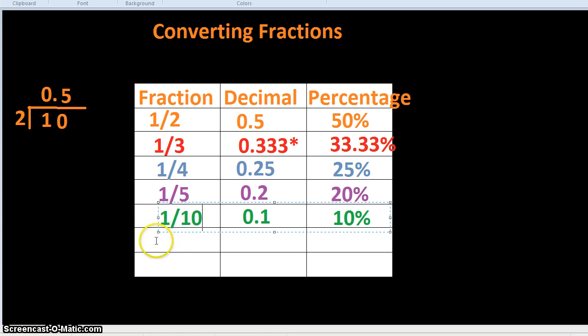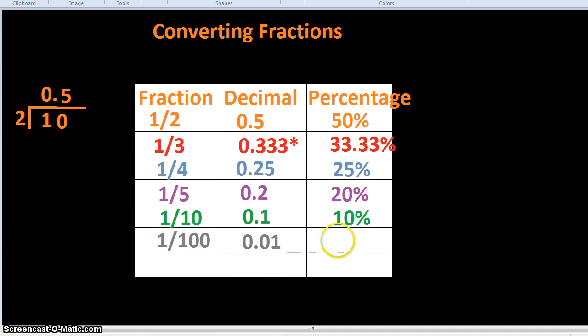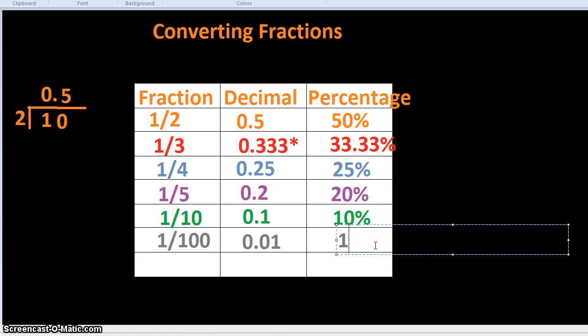Now, 2 more. This time, we have 1 over 100, which as a decimal, if you divide 1 by 100, you get 0.01. And as a percentage, if you multiplied that by 100, you get 1%. Now a final, a little bit of a trick question.